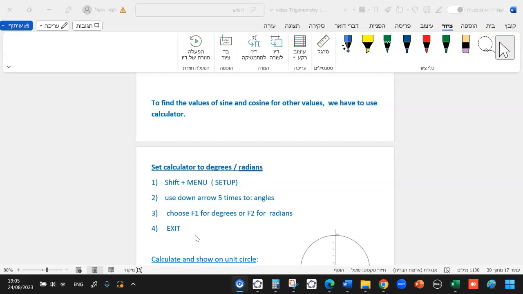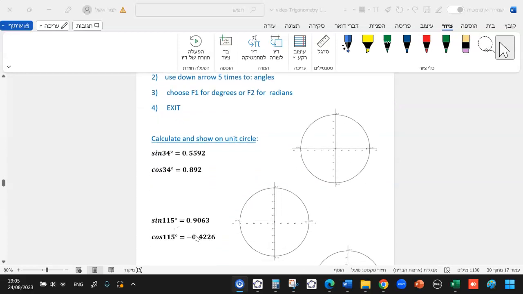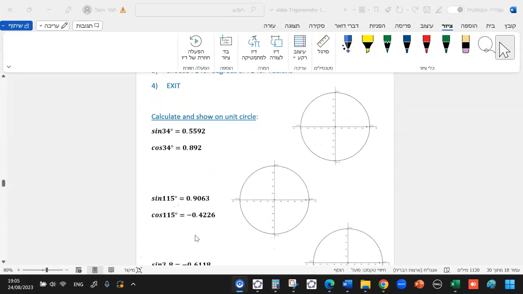Let's look at some examples of sine and cosine values and their meaning on a unit circle. Make sure that you know how to get them in your calculators. So the first example is for 34 degrees. These are the values of sine and cosine, and let's see them on the unit circle. 34 degrees is something like this one.